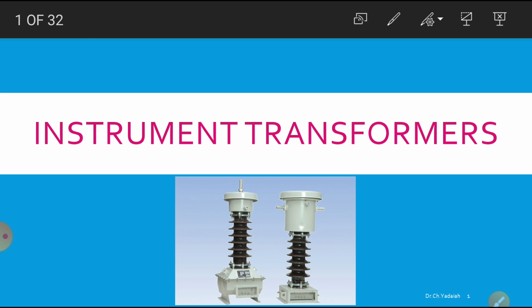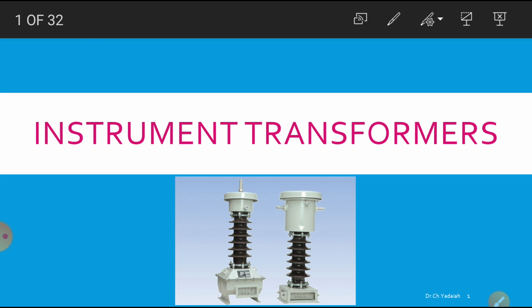In this class, we are going to concentrate mainly on instrument transformers. What is the meaning of instrument transformers? What is the need of this instrument transformer? And classification of instrument transformers.